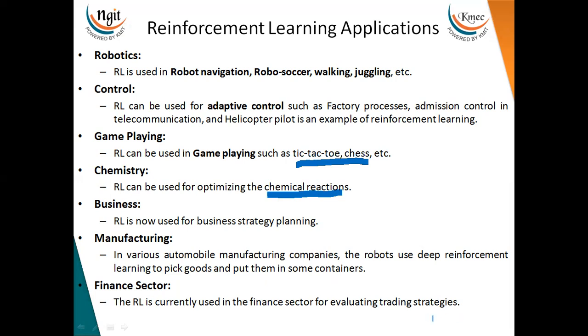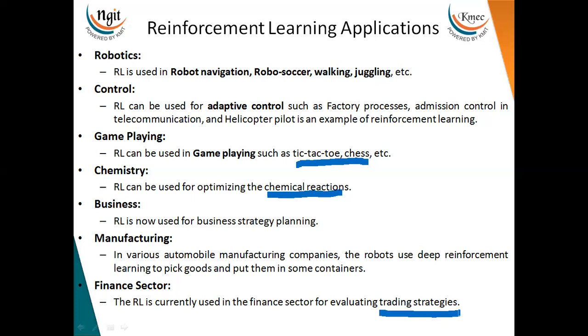Then in the finance sector to evaluate trading strategies. Means when you are investing today in a particular share, what reward you will get in future. So these all can be decided using reinforcement learning.